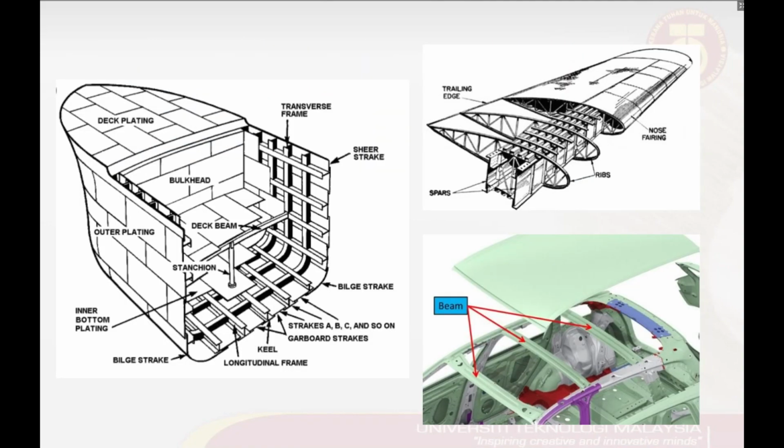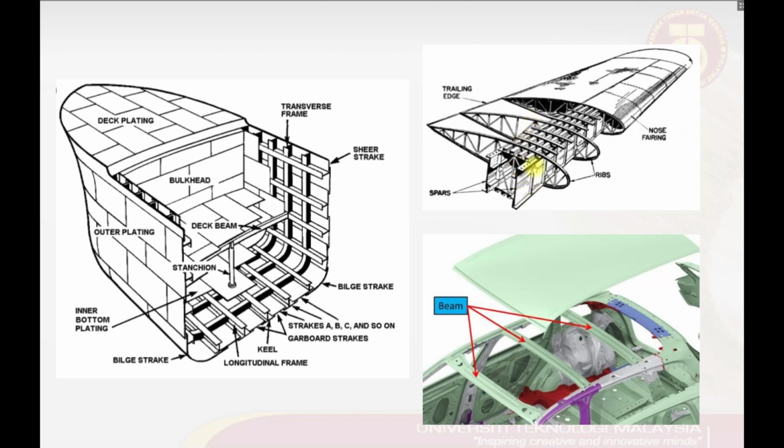The following figures show the use of beams in applications other than building construction. As we can see here, I put in these examples where the beam is also used in other applications, such as shipbuilding. We have many beams used in these ship constructions. And this is another example of the application of beams in aircraft wing construction.